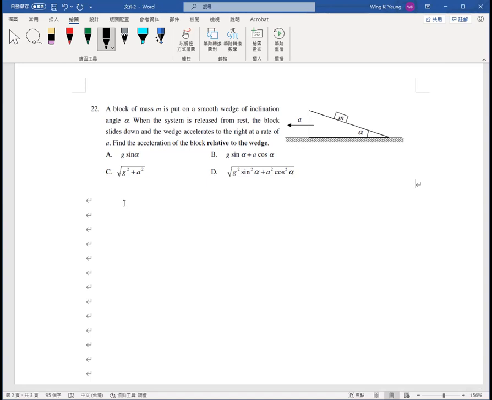Now you know relative to the wedge means the reference frame is the wedge. And in that case, the wedge is not an inertial frame. Then when you're considering the motion of the block, or the free body diagram of the block, you need to add the inertial force. So let's draw the free body diagram.